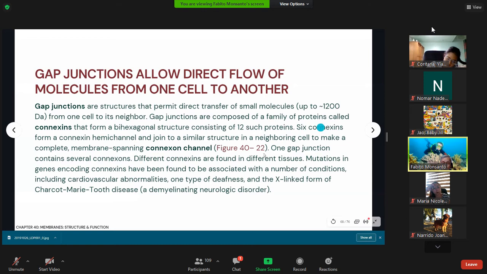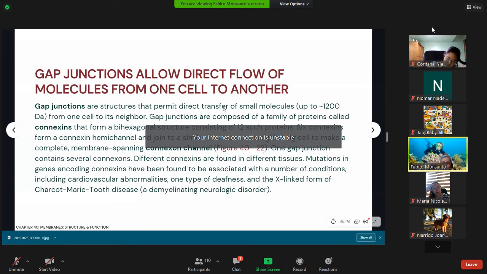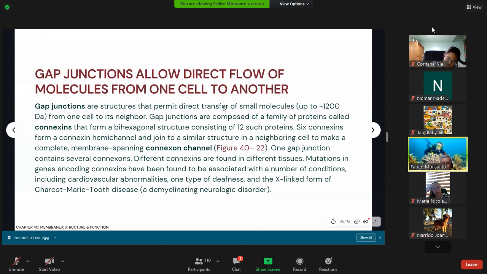So here it is. Here is one cell, and the other one down here. Okay? Those are only just a portion.